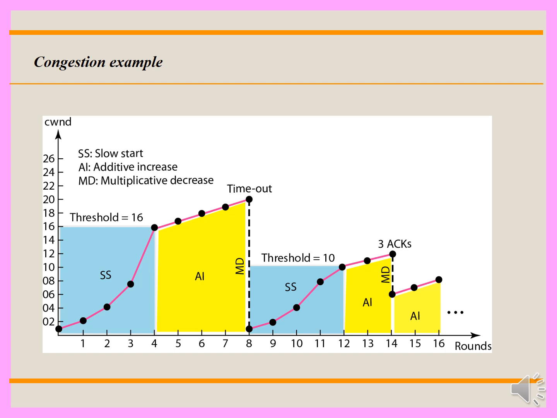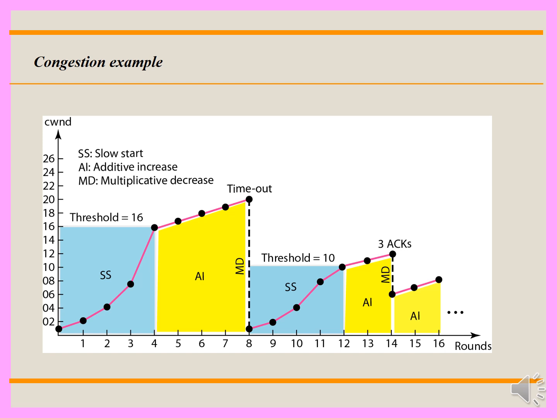We can see that in the beginning it is set to 16, which is 1/2 of the maximum window size, 32 if we take that. In the slow start phase, the window size starts from 1 and grows exponentially until it reaches the threshold. That is the blue part, the beginning part. After it reaches the threshold, the congestion avoidance procedure allows the window size to increase linearly until a timeout occurs.